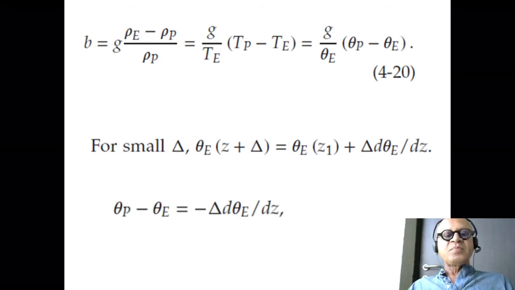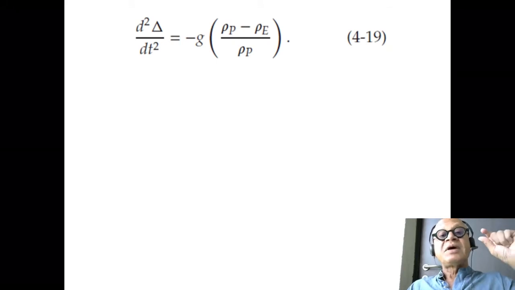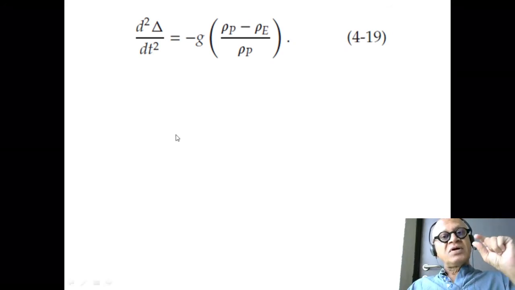So theta of the parcel minus theta of the environment in that case is minus delta times d theta E dz. You have moved up the parcel, right? So the temperature has to decrease, but remember theta goes up, right? So you are moving it from a lower altitude to a higher altitude, so you're moving it from a lower theta to a higher theta.